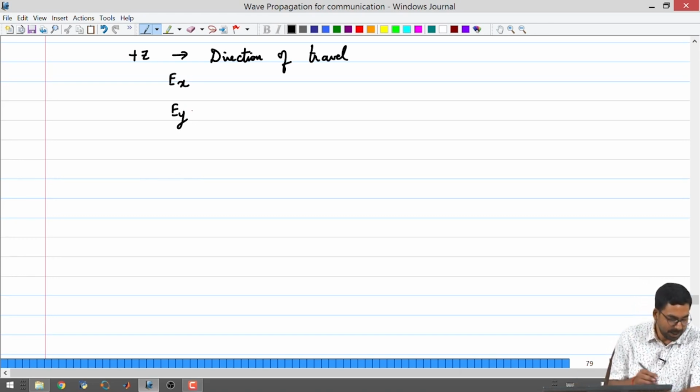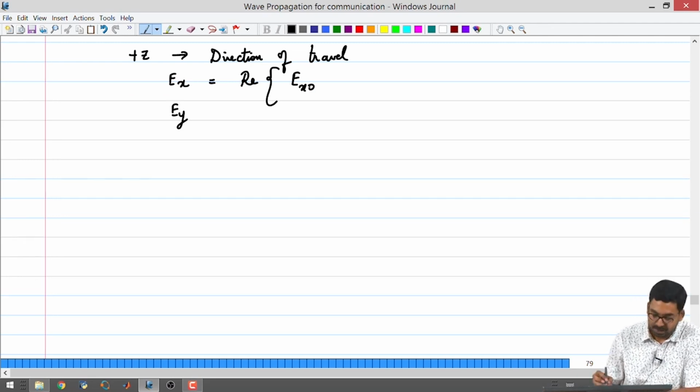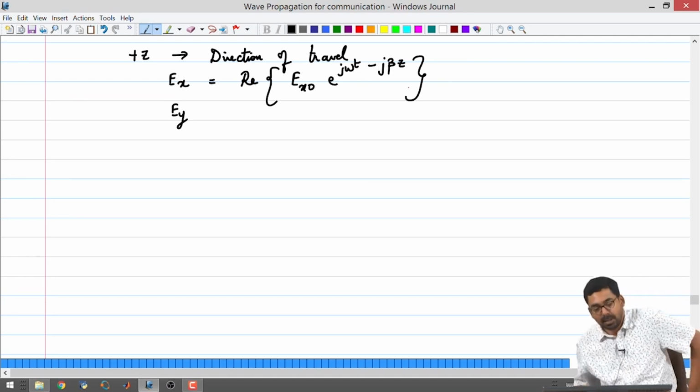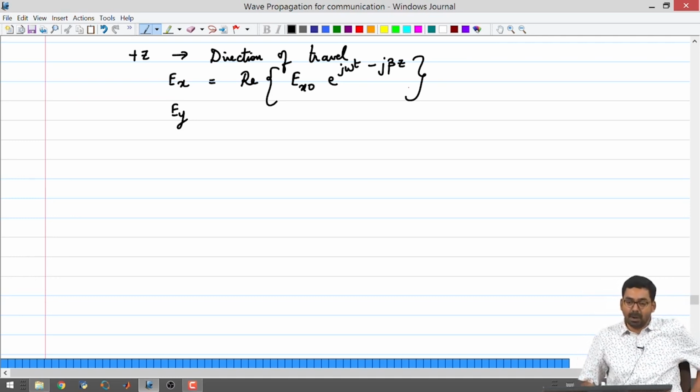You can write these down, to be periodic, as the real part of some magnitude Ex naught times e to the j omega t minus j beta z. Previously we had Ex e to the minus j beta z. Now I am including the effect of time because I want to know the temporal evolution of the electric field.